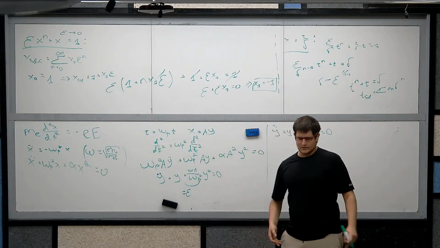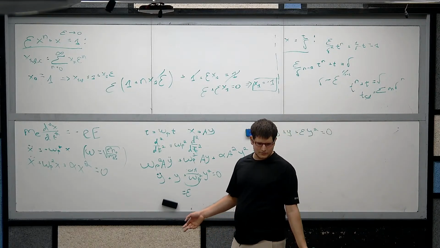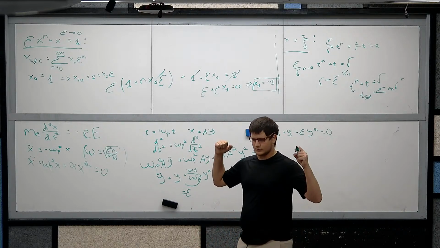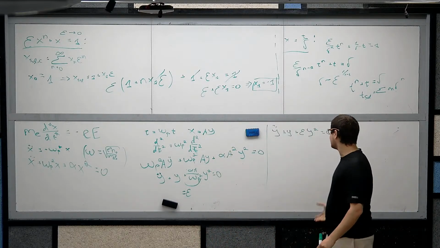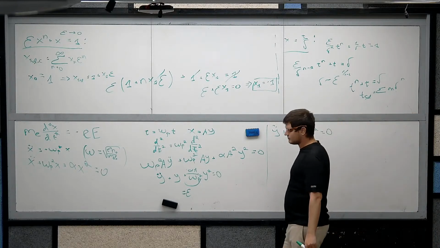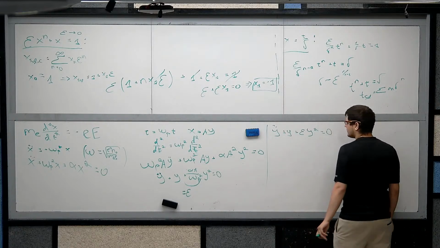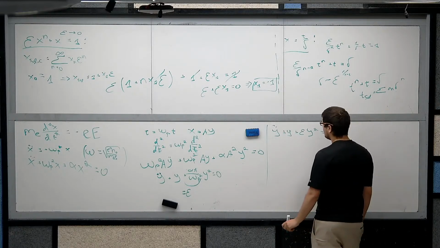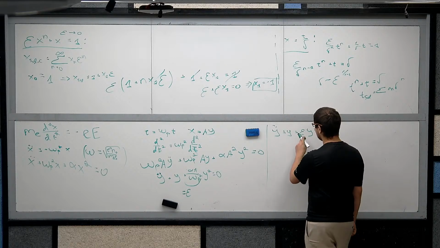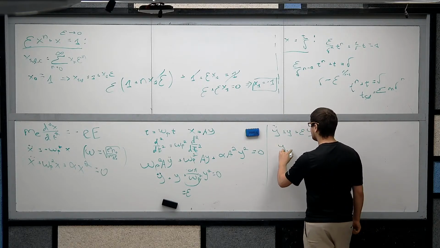You can already do that from intuition, and because you're a physicist, you're strong and you can do everything, but now we will do that with perturbation theory. So let's do that. What will be the zeroth order? Just epsilon is 0. So what will be y0?